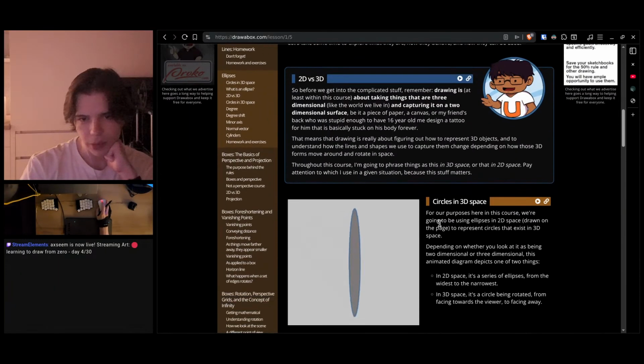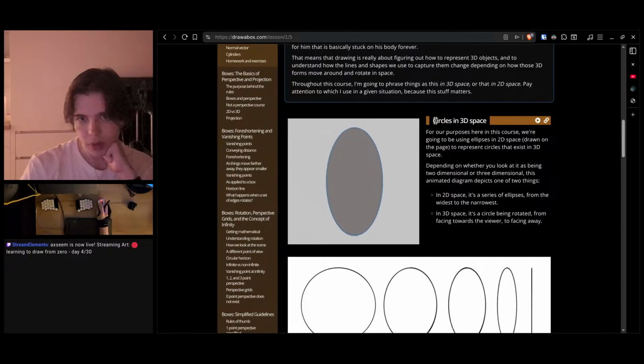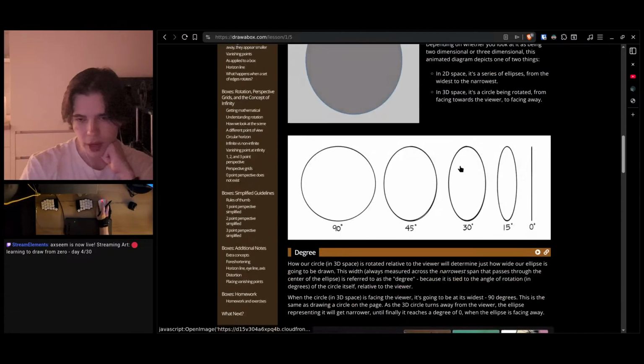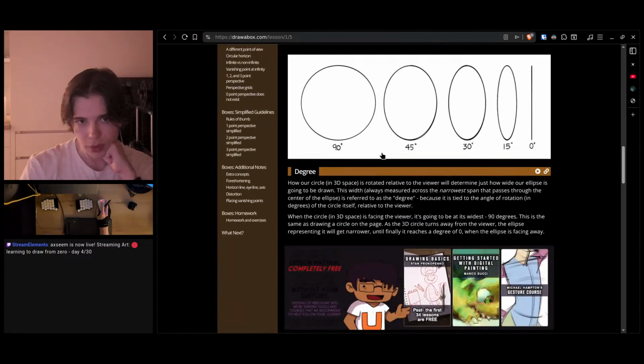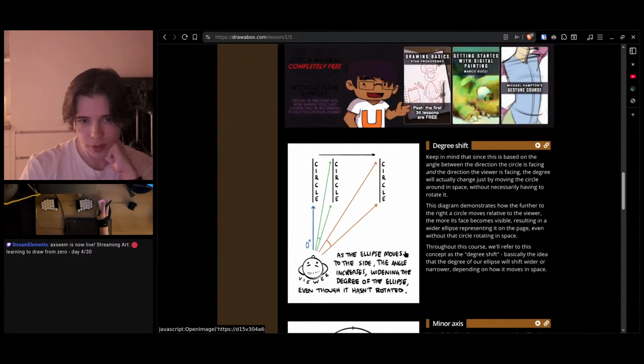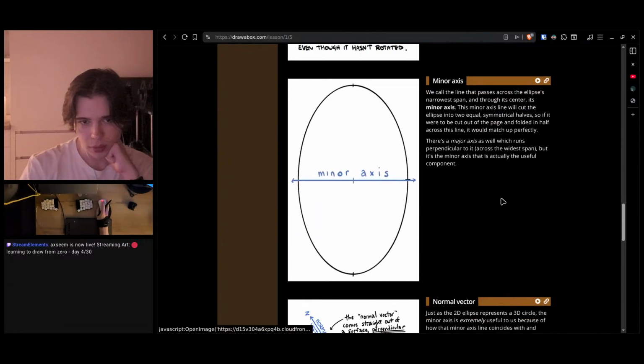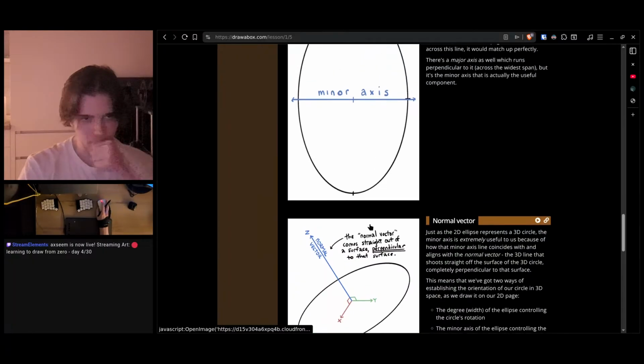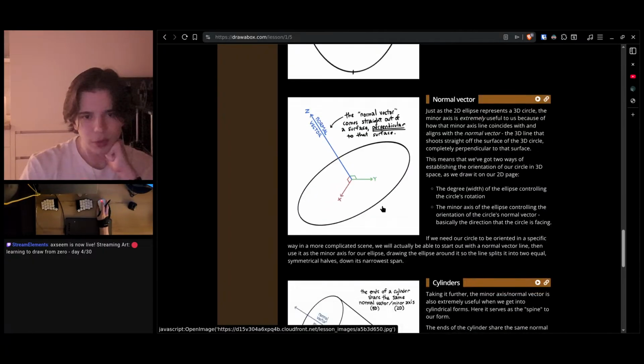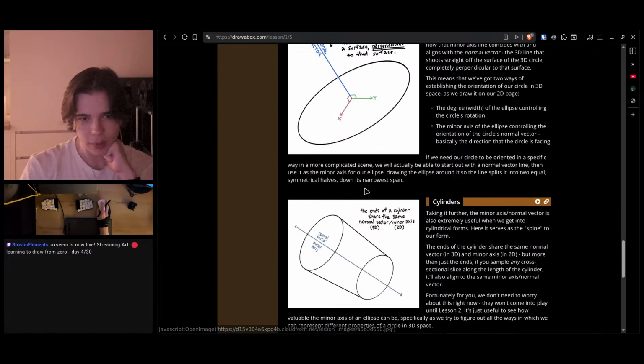Okay, that's why ellipses are important, right? Circles in 3D space. I guess it kinda makes sense, right? Like, it's not difficult. The fact that, how's it called? The normal vector aligns with a minor axis is pretty interesting, right? And it does make sense. Like, it happens all the time.